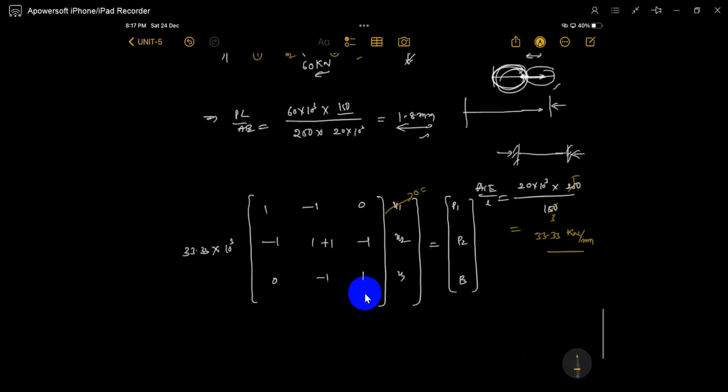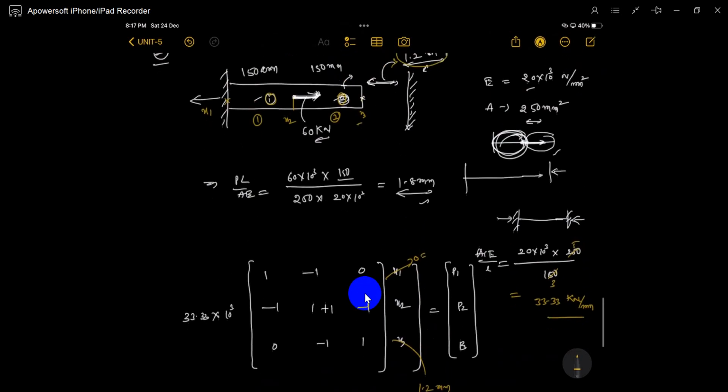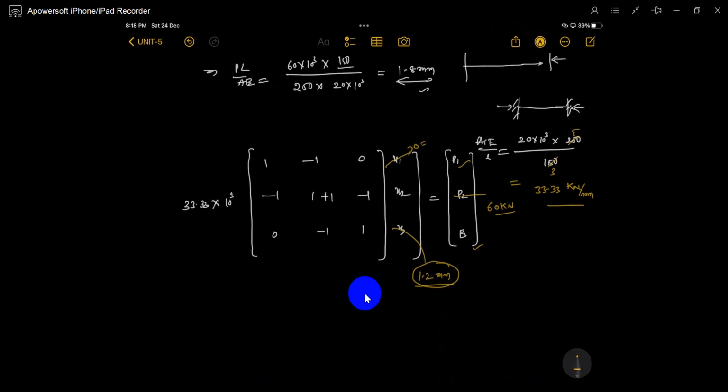So u3 is 1.2 mm. Understood? And p2 is 60 kilonewtons. P1 will get a value and P3 also will get a value. That's the only thing we'll add. So solve it.